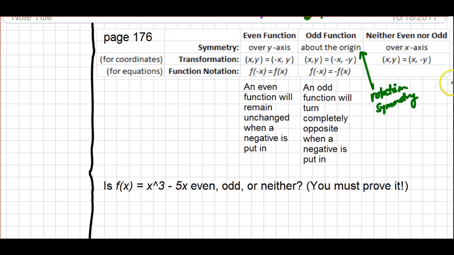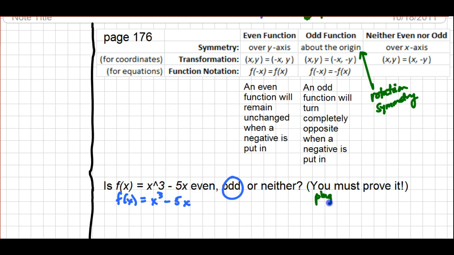So our first example is if you have f of x being x cubed minus 5x, you want to decide if that's even, odd, or neither. Just by looking, it seems like it's probably odd, but it is important that students take the time to prove it by plugging in a negative number.